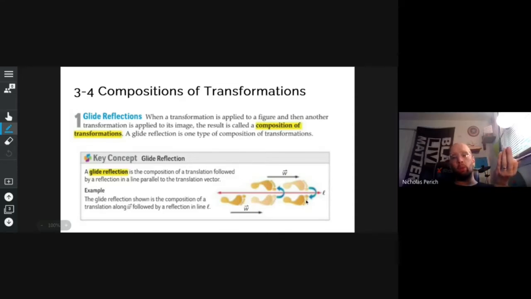It's like when you walk in real life, you go left foot, right foot, left foot, right foot. It's just verbiage that really isn't super important. I'm not going to ask, hey guys, what's a glide reflection? All it means is you have a composite, also known as a composition, where you reflect and translate, and in this case, you just take turns doing the same.